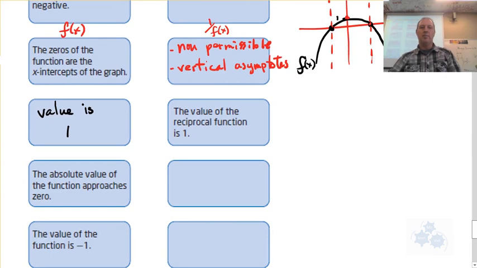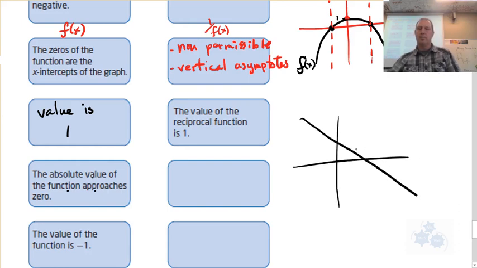Okay, moving on. Over here, the absolute value of the function approaches 0. So that would be right here. It's approaching 0 over here. So what is happening to the reciprocal? The absolute value of the reciprocal approaches what?